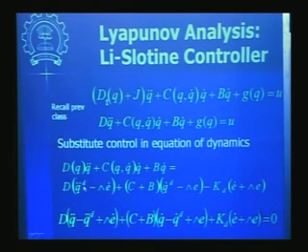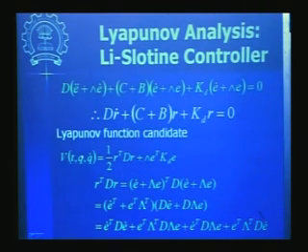Now we simplify that by bringing these terms to the other side. So you get here q double dot minus qd double dot plus lambda e dot, and similarly these terms, which finally results in this equation. So we write the equations in terms of this variable R now, and then they will become as simple as this form.